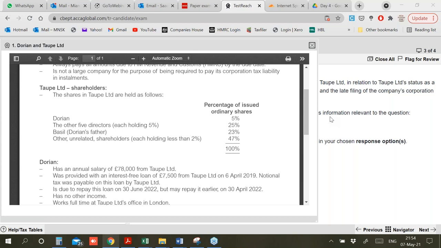Then do remember that when HMRC looks at a company as a closed company, HMRC does not consider only the person itself, but also close associates are considered to be shareholders as well. So close associate means direct relatives. Do you think that his father will be qualified as a direct relative?